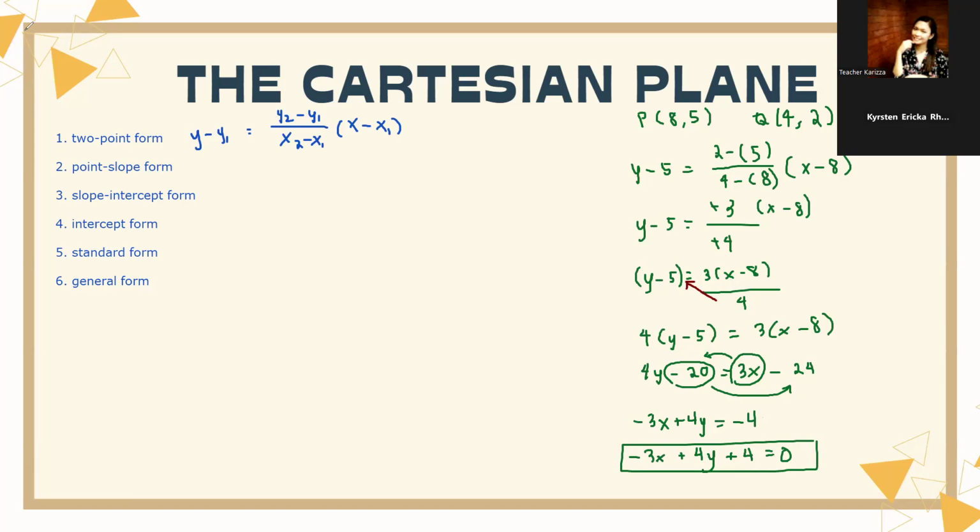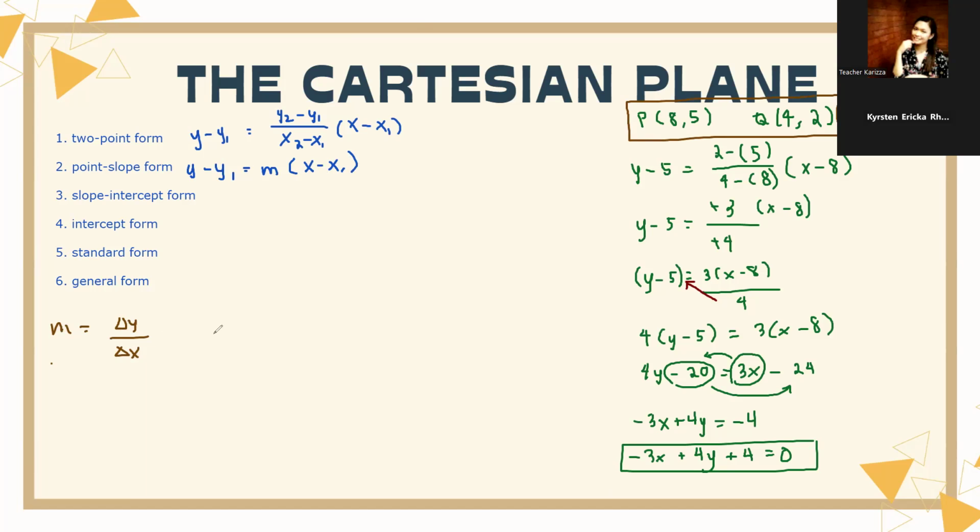For our next equation, we have the point slope form. Point slope form is y minus y1 is equal to m times x minus x1. Now, if you remember, for m we have change in y over change in x. So using the same set of points, we should arrive at the same equation, diba?